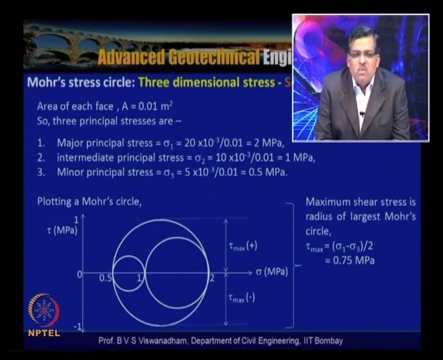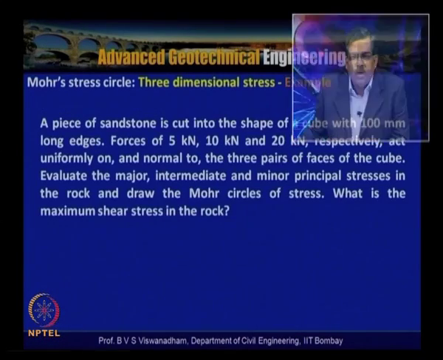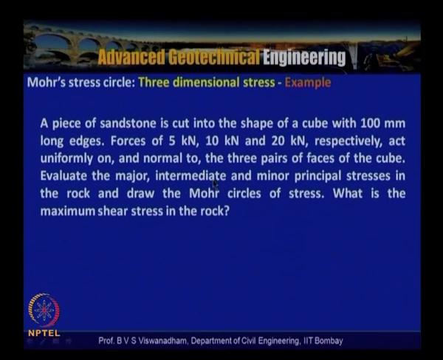So what we have done in this particular problem is that, by knowing the forces applied to the cubical sandstone piece, we calculated the major, intermediate and minor principal stresses, and then we drew the Mohr circles of stress, and also found out the maximum shear stress in the rock piece.